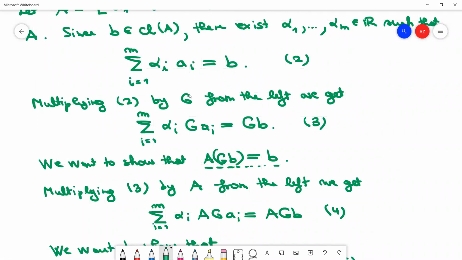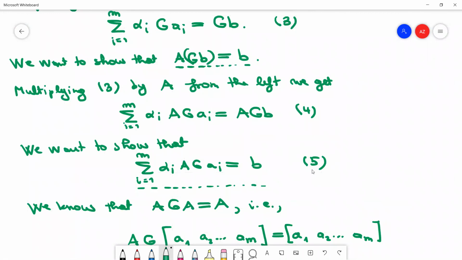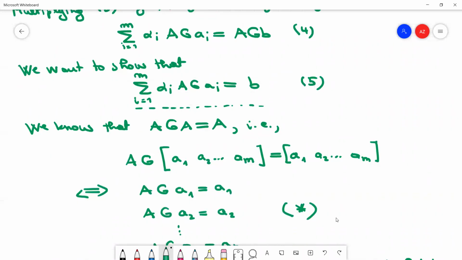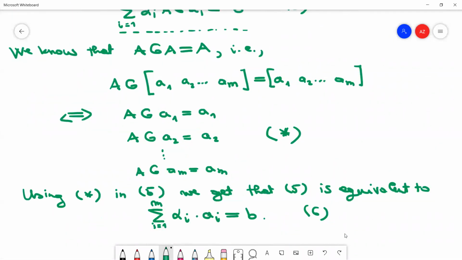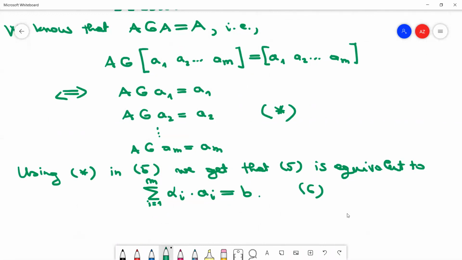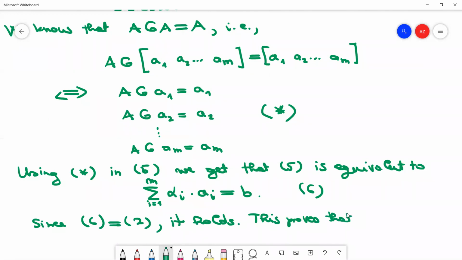Then multiplied by G got 3, multiplied by A got 4. So 2, 3, 4 are all true. Then 5 was something to be proved. But 5 is equivalent to 6. But 6 is just 2, so it's true. So since 6 is equal to 2, it holds. And this proves that GB solves our system 1.